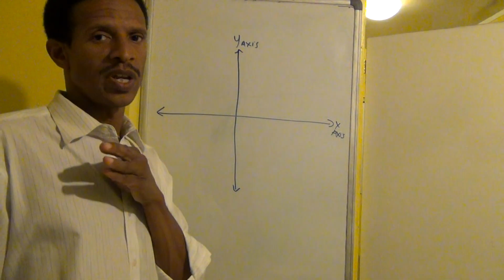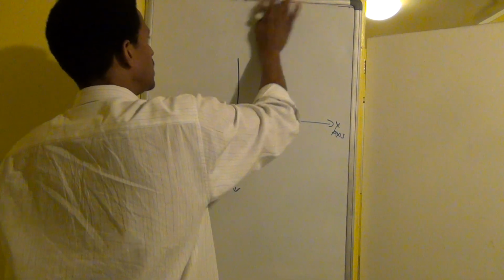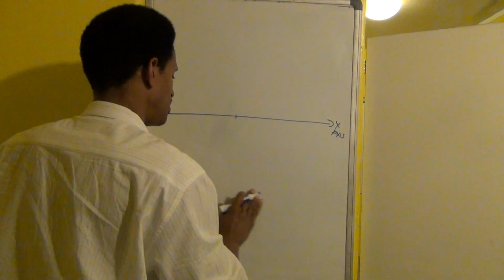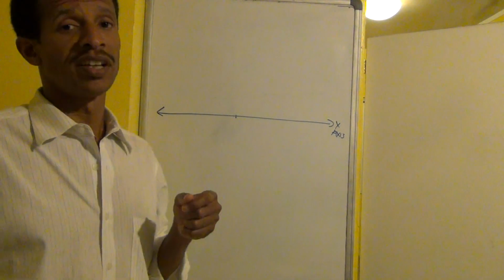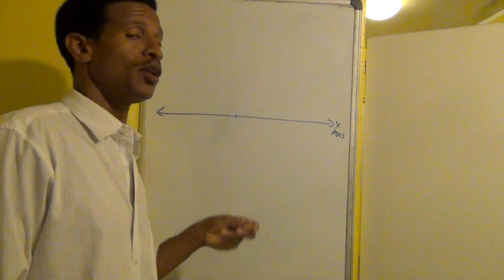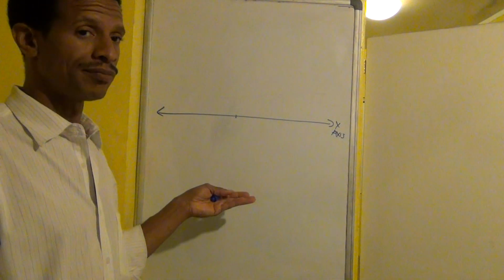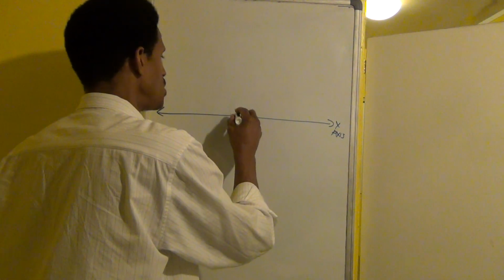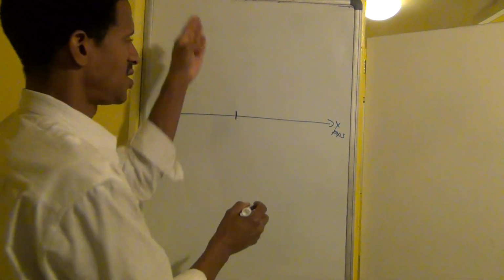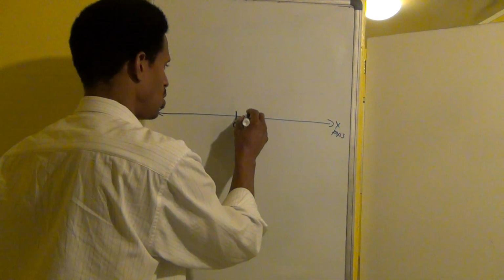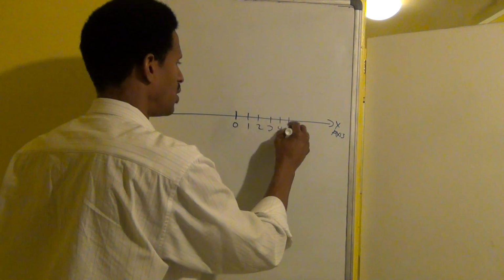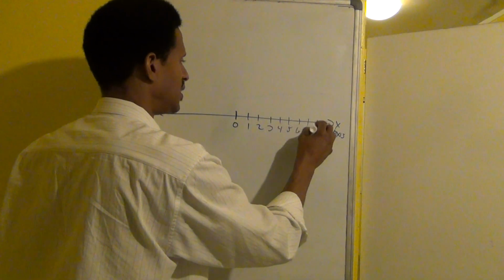One interesting thing you'll realize is that the y-axis is an extension of the x-axis, which is really an extension of the what? You guessed it, the number line that you've been working on. So we have a 0 point, and then 0, 1, 2, 3, 4, 5, 6, 7, 8.